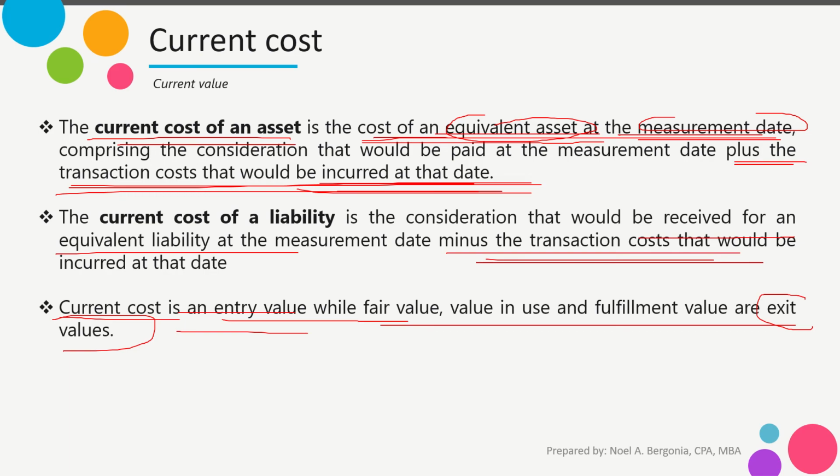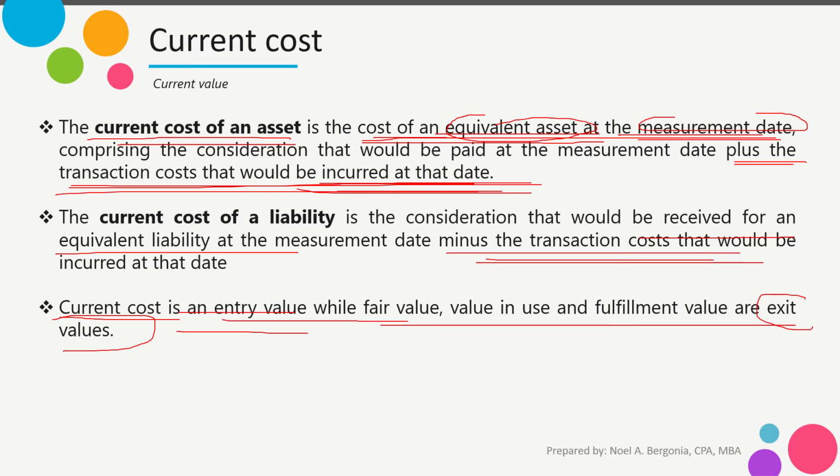Kapag naman value in use or even fulfillment value, it actually includes the present value of the cash flows. But it does not what? Consider the transaction costs at the initial recognition or at the time that you take it or acquire the particular asset or liability. But it considers the what? It considers the transaction costs at ultimate disposal at saka at what? Fulfillment.